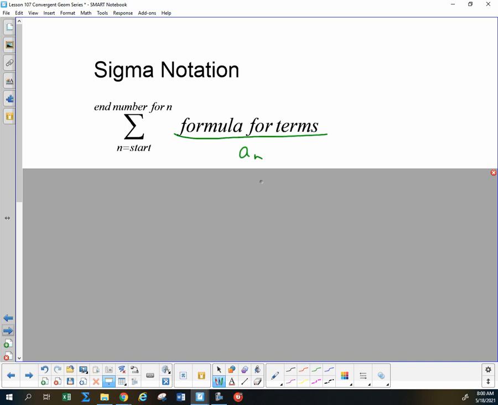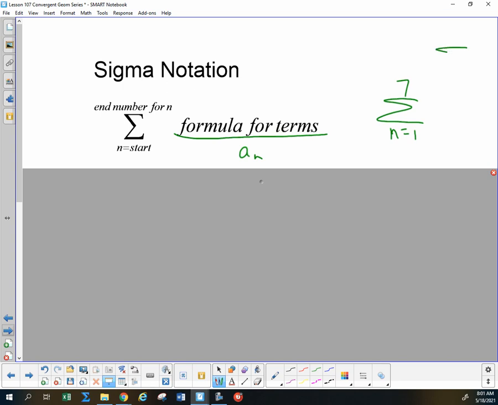You can start anywhere you want. Most of the ones we do will start with 1 just to keep it simple. And then it tells you the last number that you're going to use for n. So if it has n equals 1 to 7, you're going to have 7 terms in there.